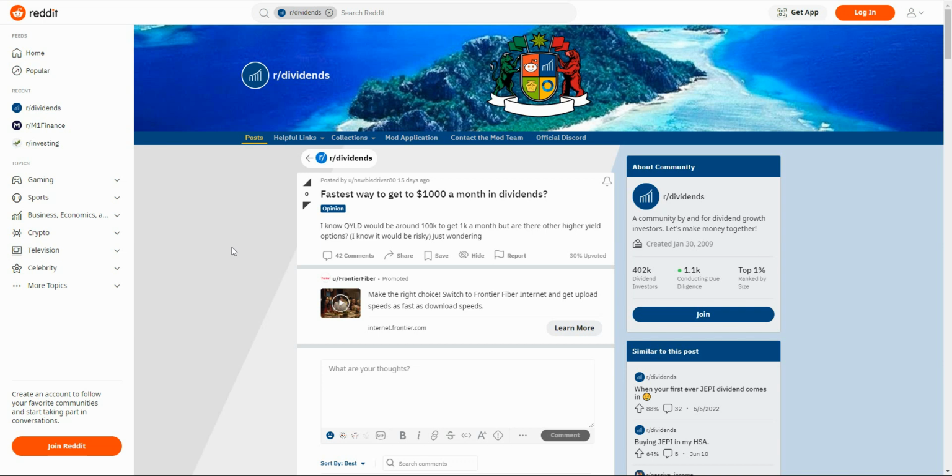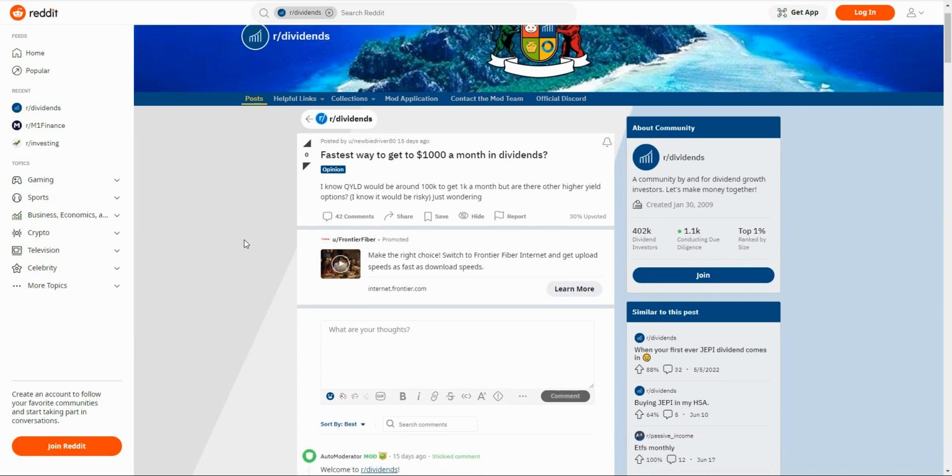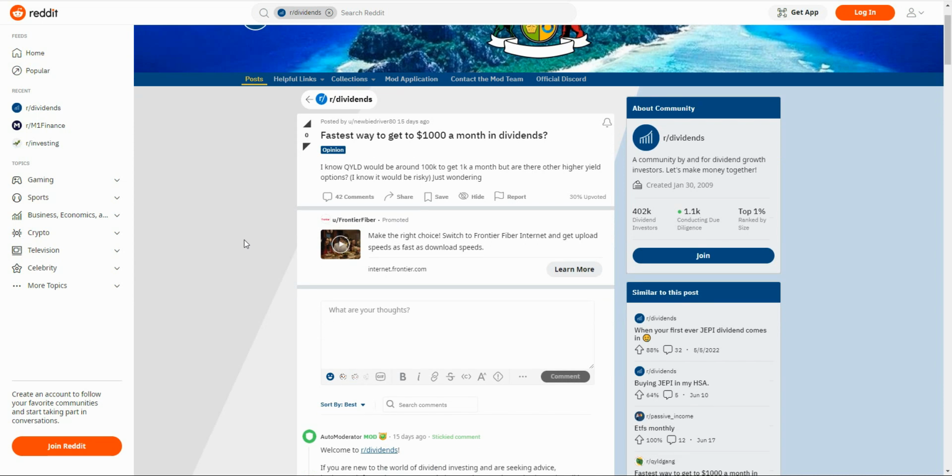And again, $100,000 is a good sum of money, and then they're going to put that into QYLD, which I believe is a NASDAQ covered call ETF. And even this, which pays an extremely high dividend, even higher than JEPI, I believe, it would take $100,000 to get you to $1,000 a month, and $1,000 a month is only $12,000 a year, which you can't even really live off of.